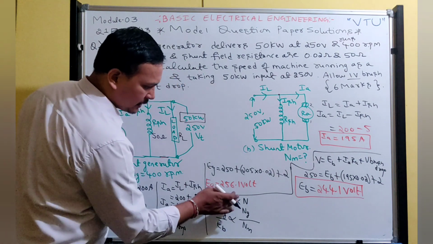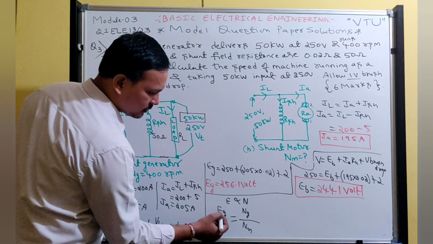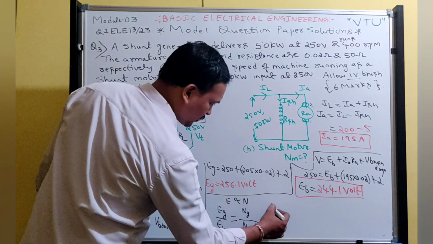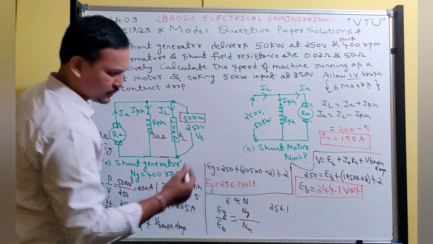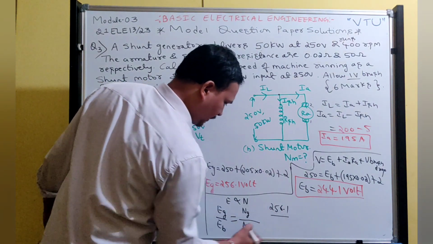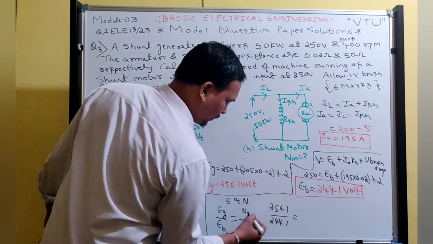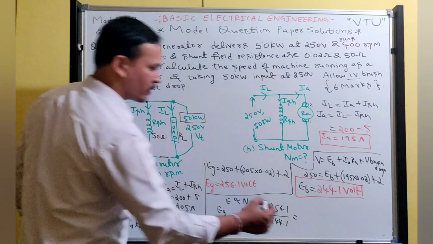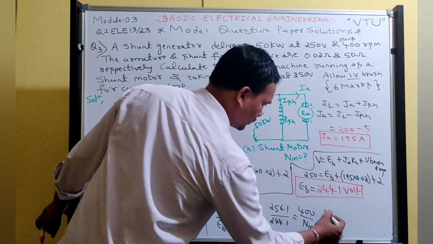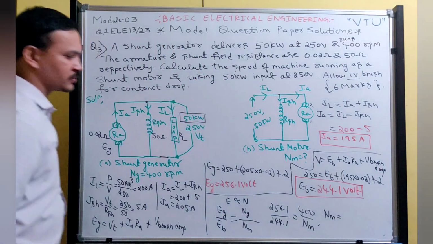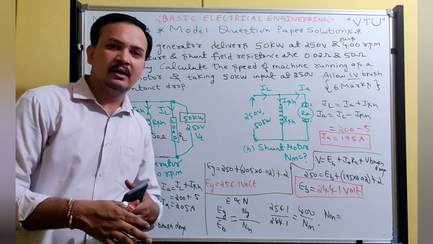Now this is the data. E is proportional to N, so you write the equating sign and enter all the values. What is the EG value? 256.1 divided by what is EB? 244.1 is equal to what is the generator speed? 400, divided by the motor speed. Then you can easily find the motor speed. See, if voltage reduces, obviously speed reduces.